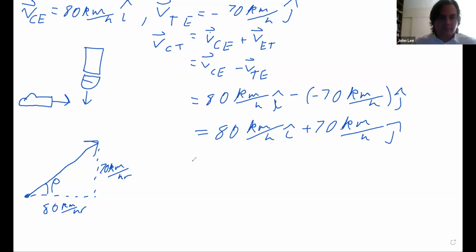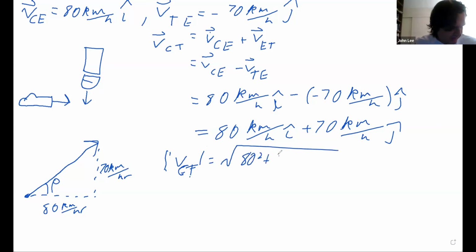So the magnitude of V_CT is equal to the square root of 80 squared plus 70 squared, equals 106 point something kilometers per hour.